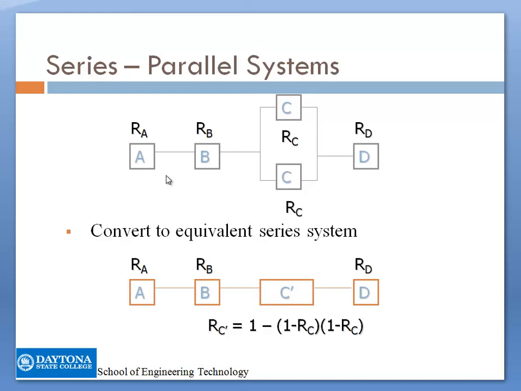We have a combination system because we have series components and there is a parallel component here. So the way that you should do it is you first work the parallel area, and the way that you work a parallel system is 1 minus the multiplication of the unreliability of each component, and then the whole system is now in series, and you calculate the series, which is the multiplication of each individual reliability.